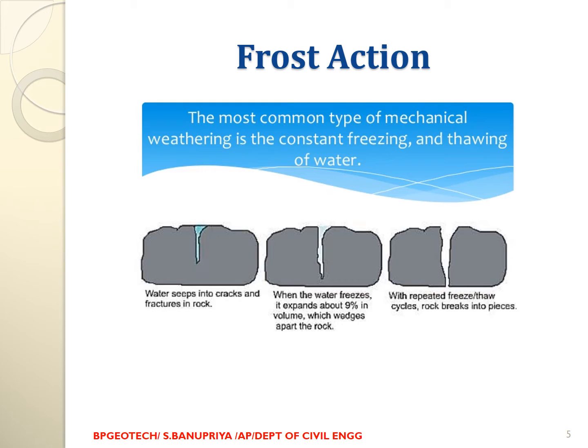For example, if there is a rock with cracks, those cracks will be filled by water. If the rock undergoes temperatures below 0 degrees Celsius, the water present in those cracks will be converted into ice crystals.